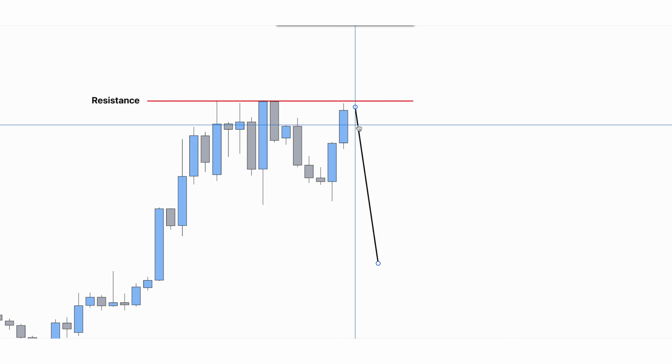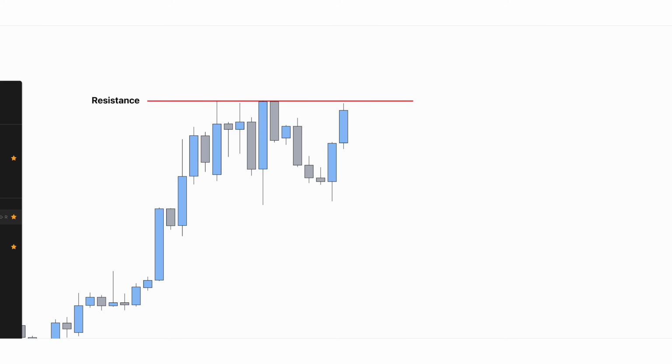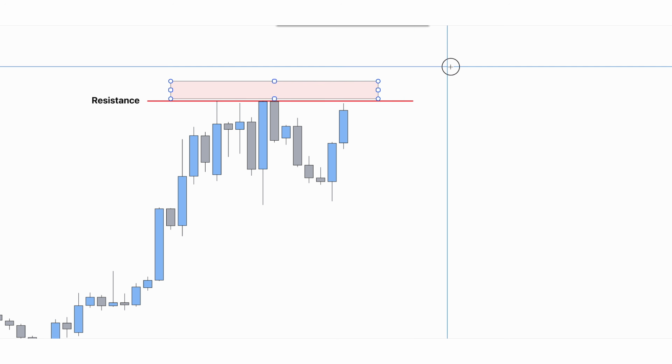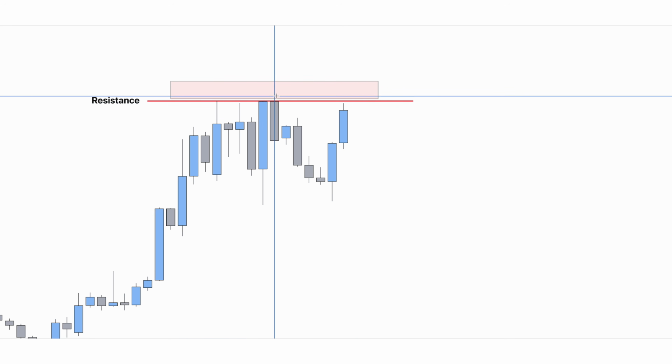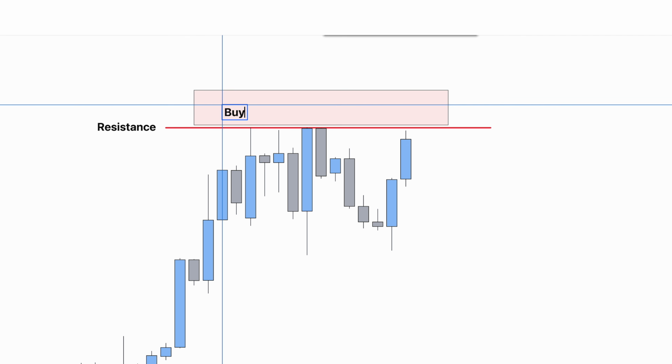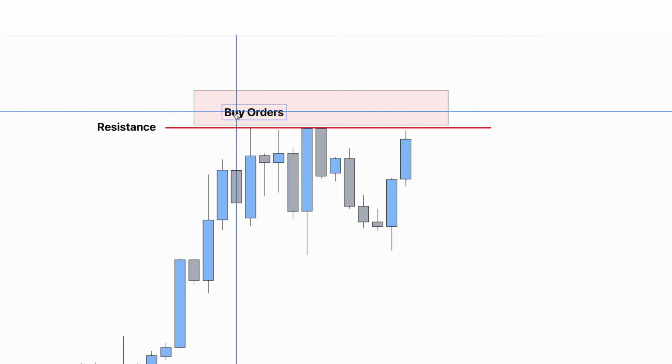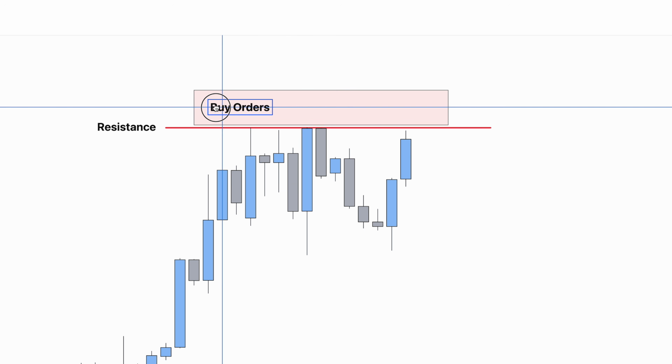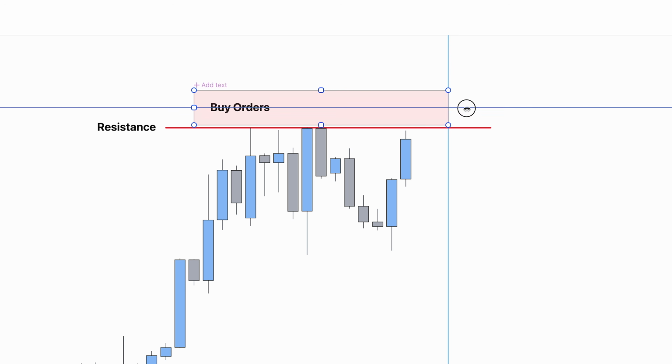This resistance, therefore, creates lots of liquidity above, meaning sellers that have sold into the market here have stop losses in this area. These stop losses are buy orders. When you short sell a market, you are selling a contract with a promise or the obligation to buy it back later.